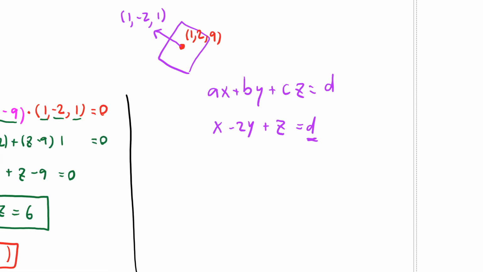So let's do that. If I plug in 1 for x, I get 1. I plug in 2 for y, I get minus 2 times 2, and I plug in 9 for z, I get 9. And the value of this, 1 minus 4 plus 9, is equal to 6.